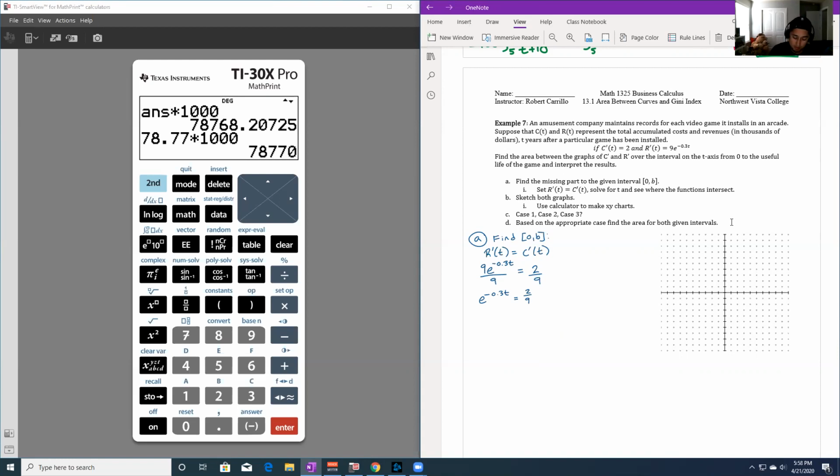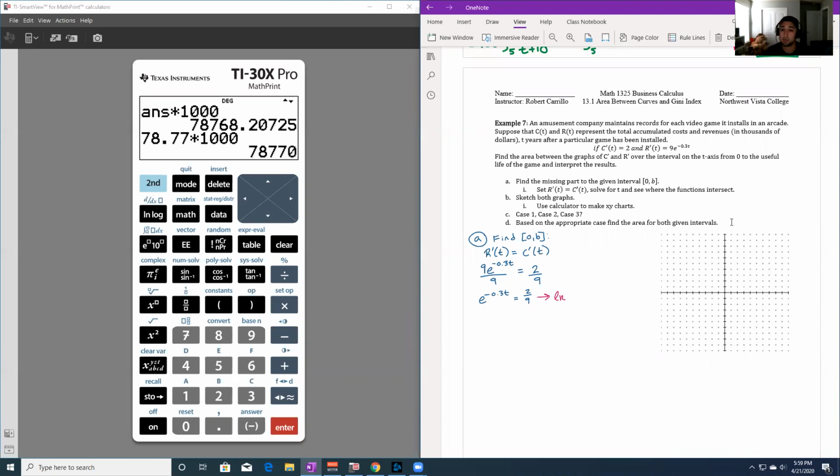Well, remember what you know about logarithms, which is probably nothing anymore, right? Okay, so remember with logs, let's just say I have the natural log of x equal to some number y.